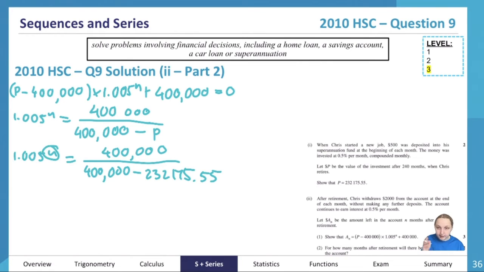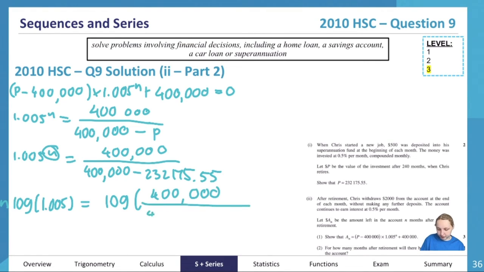In order to get this N out of the exponential, what we then want to do is take the log of both sides: log of 1.005 to the N, which we can then just bring that N to the front because it's an index, in terms of logs, equals log of 400,000 over 400,000 minus 232,175.55.